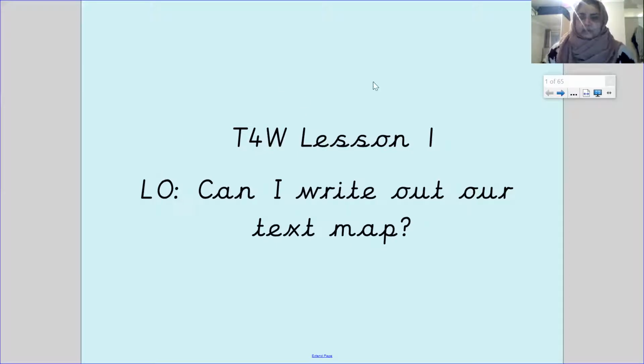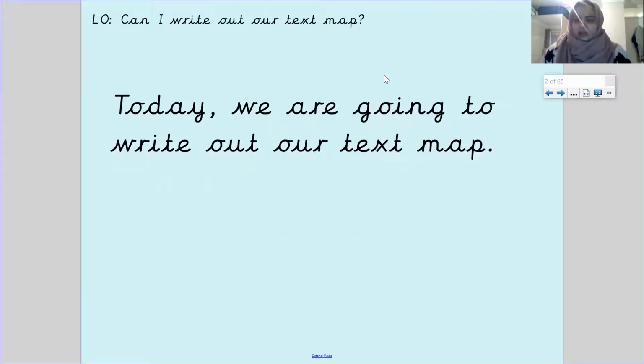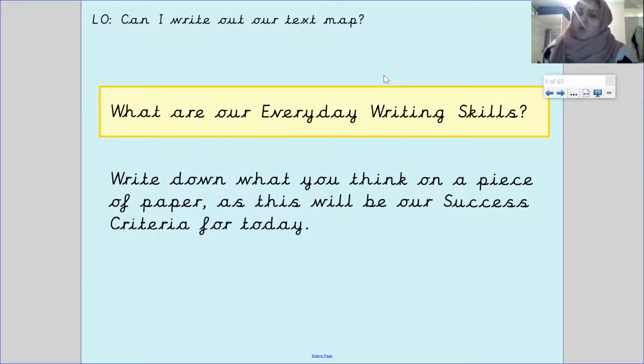Now today we are going to write out our text map, but before we write it out, I want you to think about what our everyday writing skills are. So if you can just put your thinking caps on and have a good think about what our everyday writing skills are. Okay, fantastic.